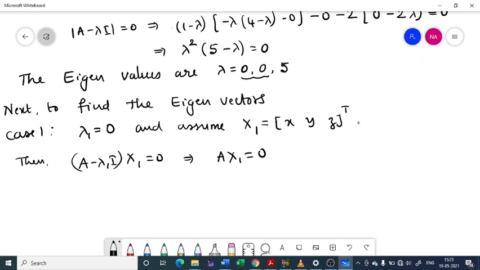So that you will be getting as, you have to subtract no entry.